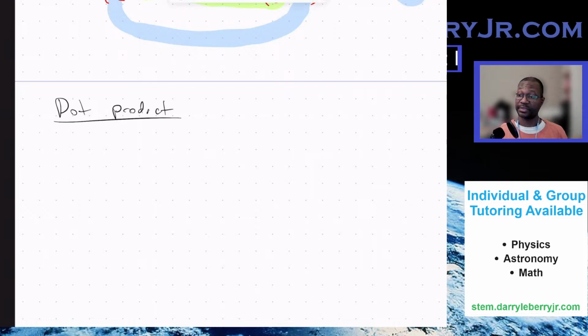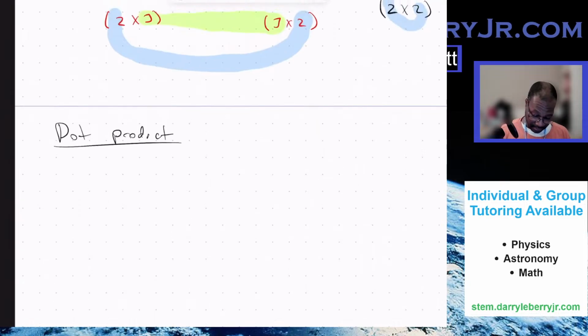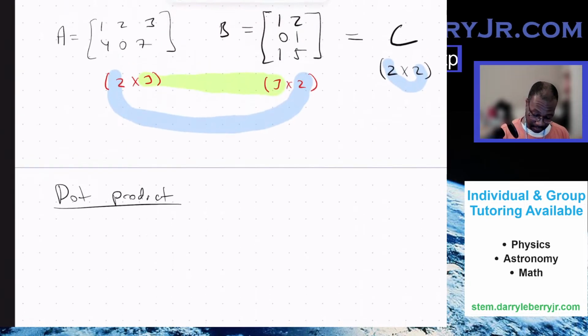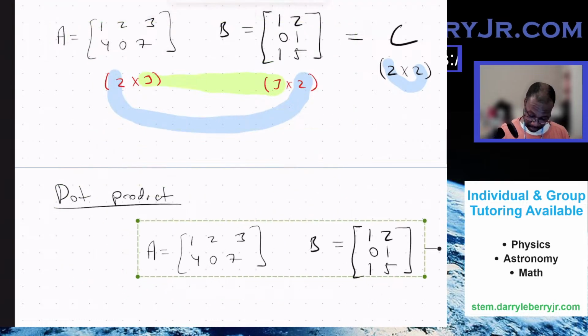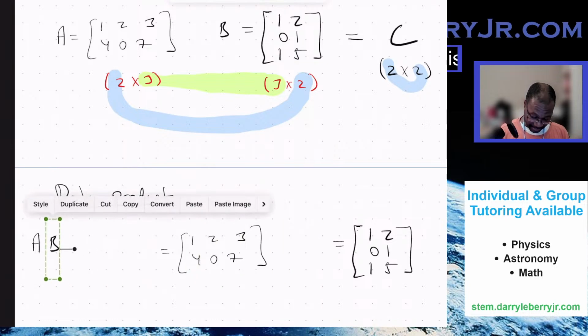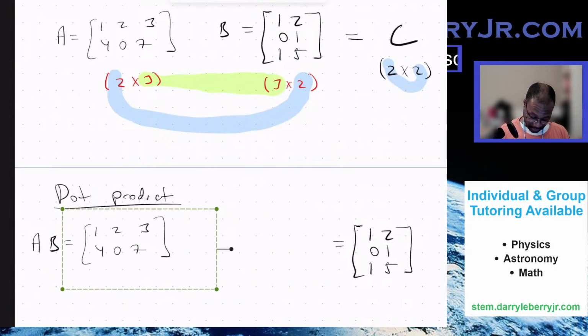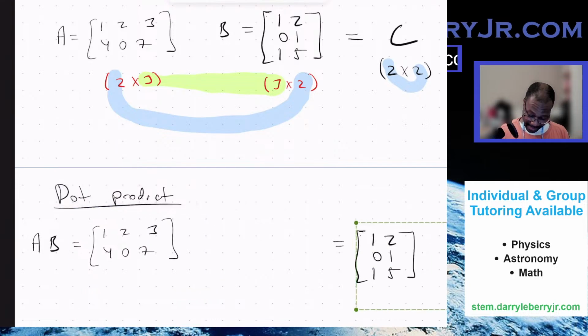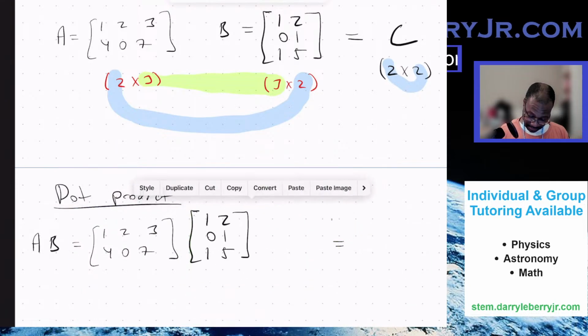We can treat the matrices as a group of dot products. So A times B equals that times that.